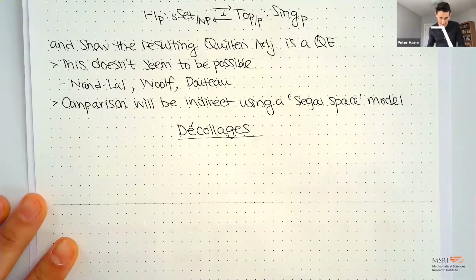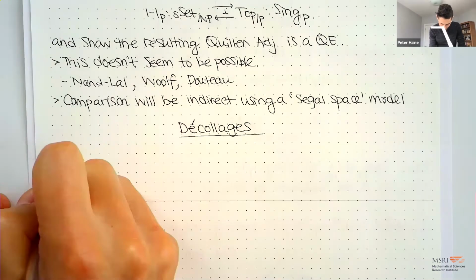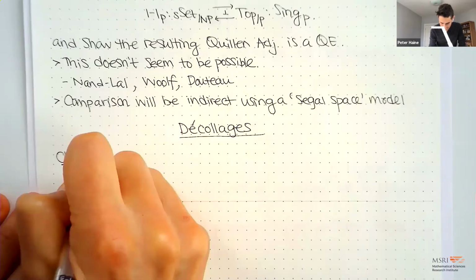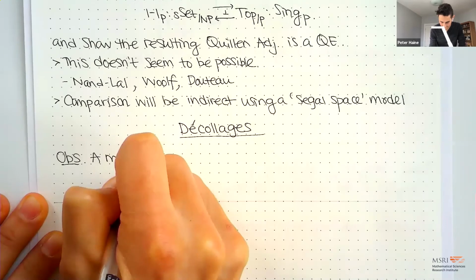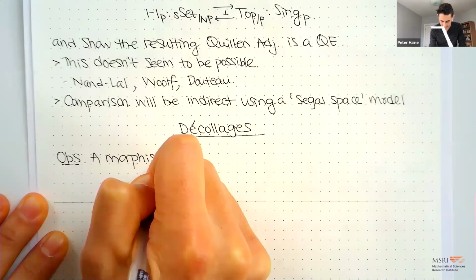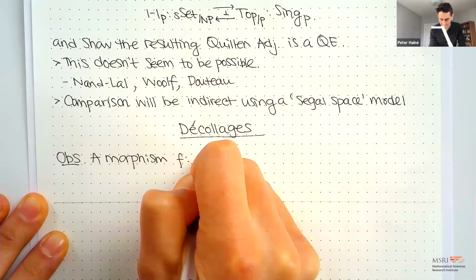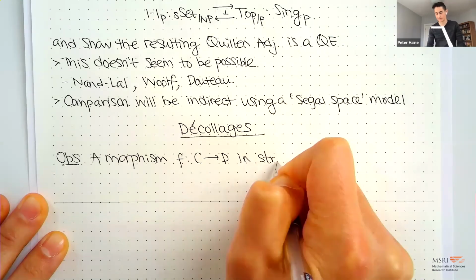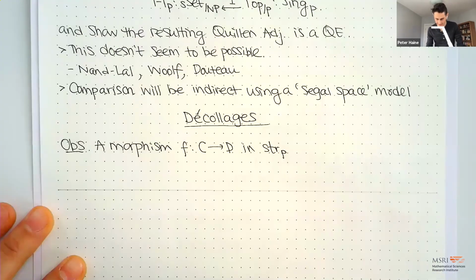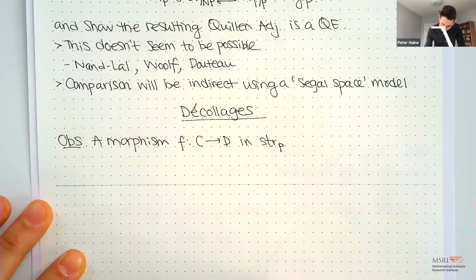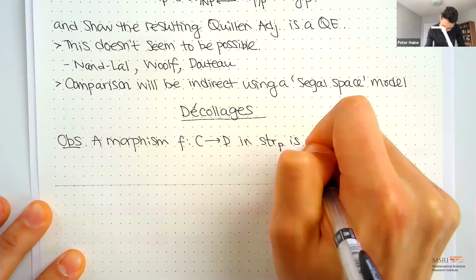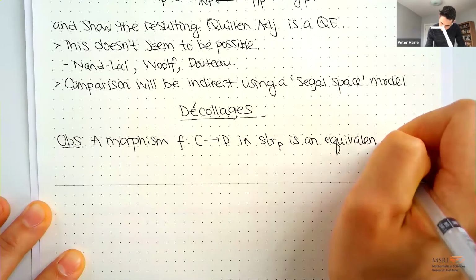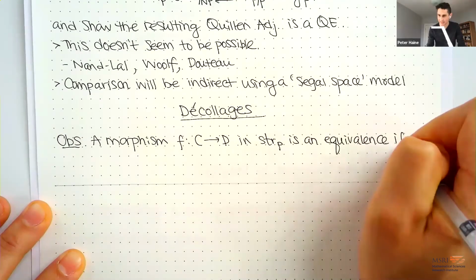The observation is that a morphism F from C to D in the infinity category of infinity categories with a conservative functor to P is an equivalence if and only if the following two conditions are satisfied.